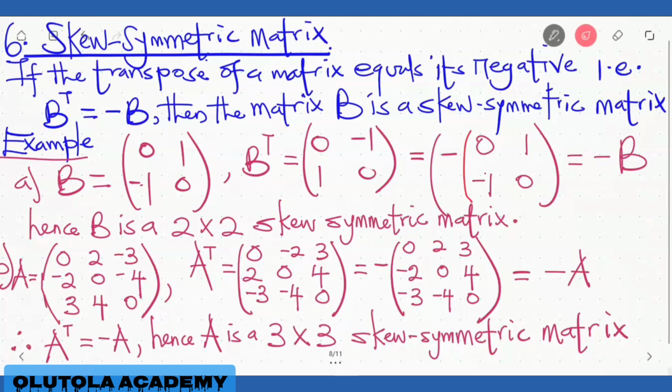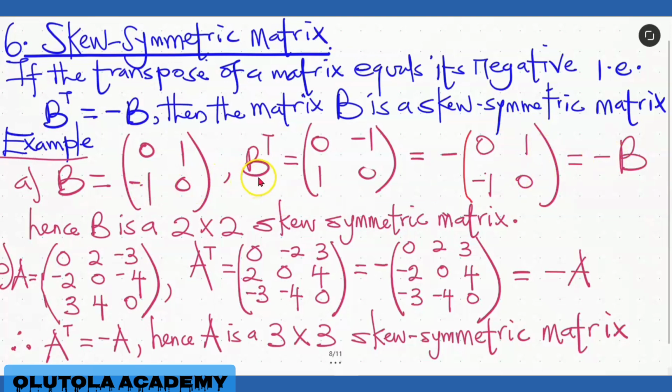While I clean this bracket here, as you can see, B transpose is 0, negative 1, 1, 0, and the minus can be factored out, so that whatever is inside the bracket is B as given earlier.